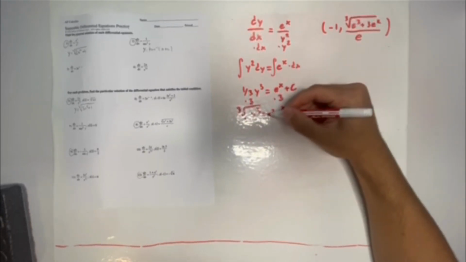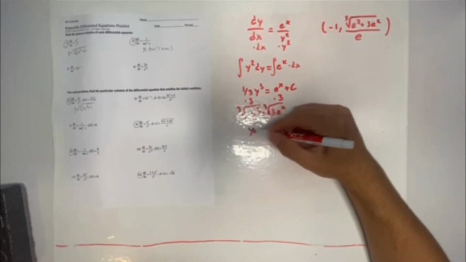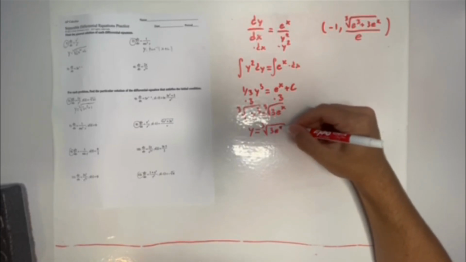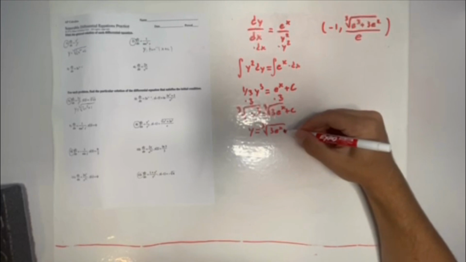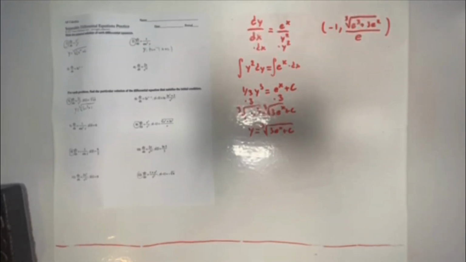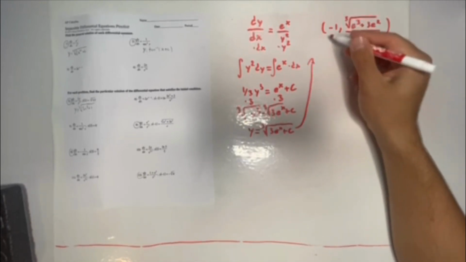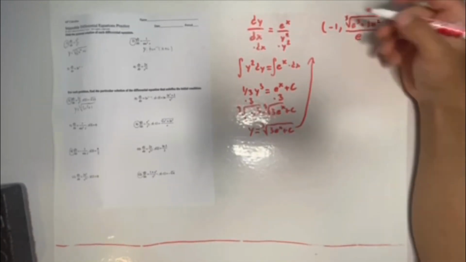And then we can do the cube root of both sides. And we get y equals the cube root of 3 e to the x, oops, forgot the plus c. And that is our equation. Now we can take it up here to our x and y value, plug those in, and now we can solve for c.